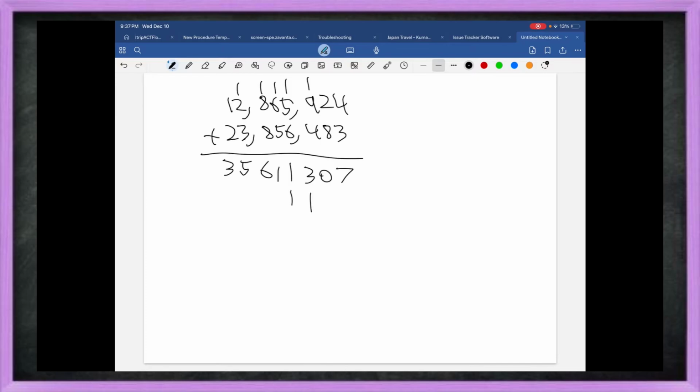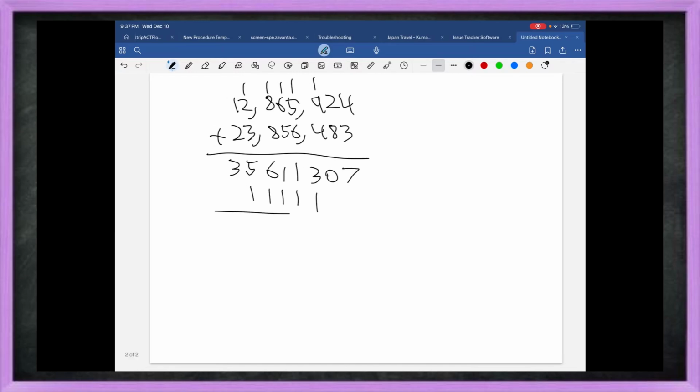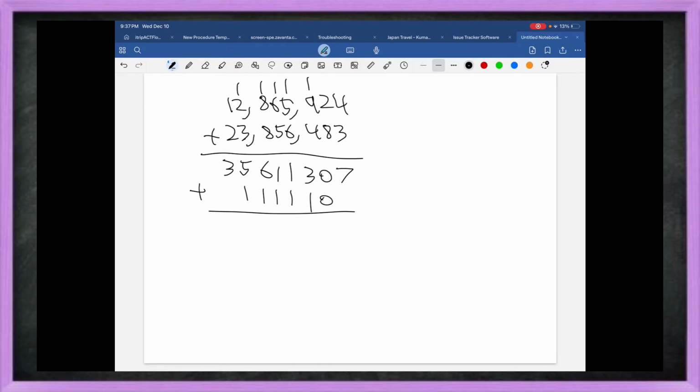We'll add 1,000, 10,000, 100,000 and a million. So we got a 4, a 2, a 2, 7, 6, 3. That wasn't very bad. That took maybe a minute.